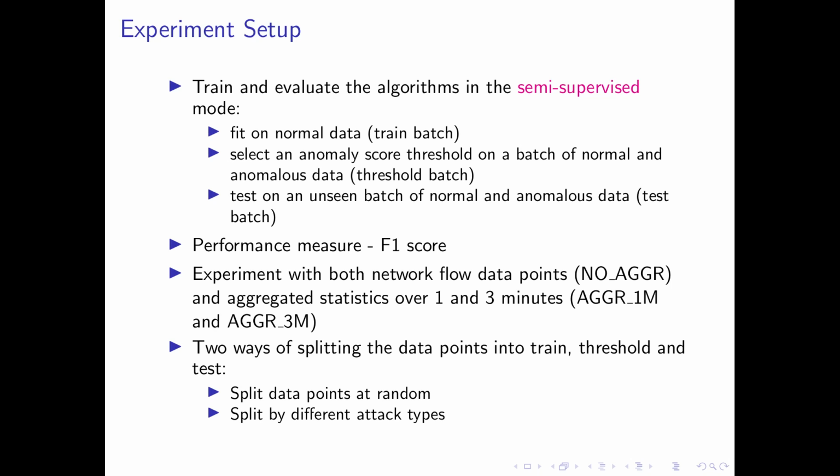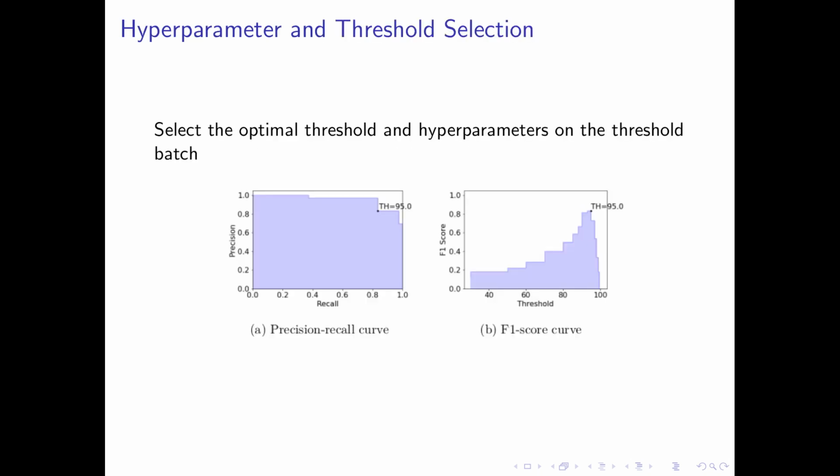So we say that some attack scenarios are only used for training, and then we hold out the others for testing. So in this second scenario, the testing attacks were completely unseen during training. So in a way, we're evaluating how well the model will detect a novel unknown attack.